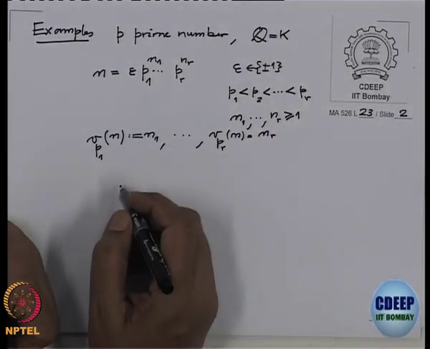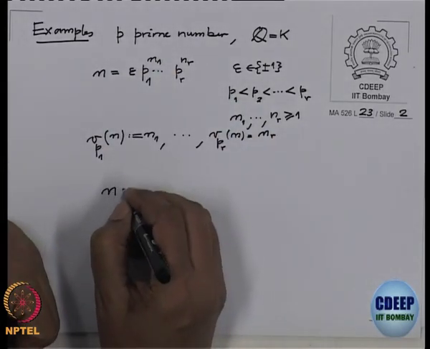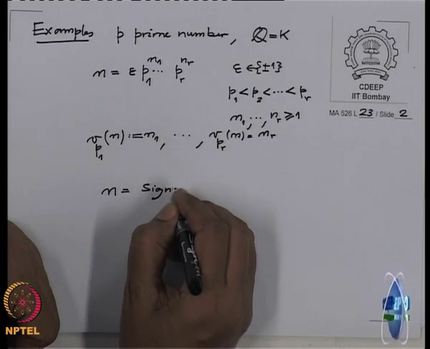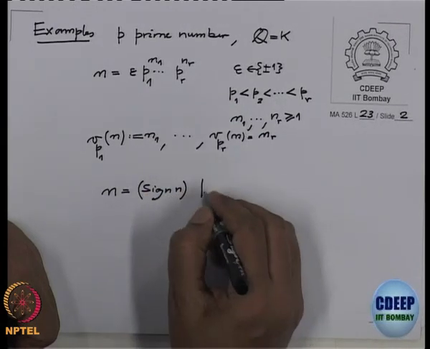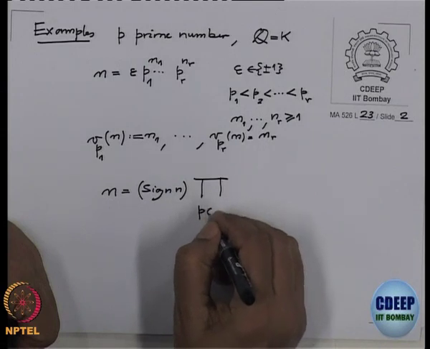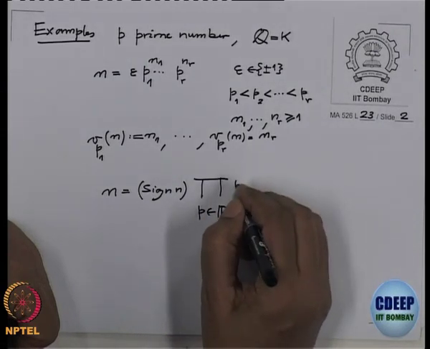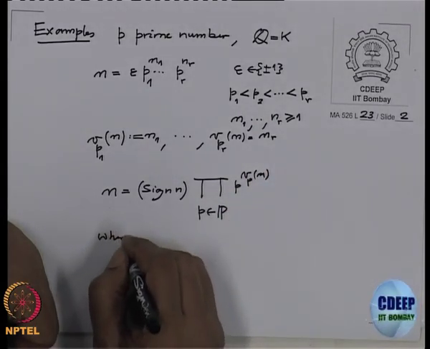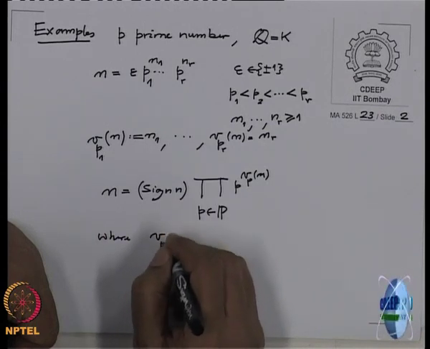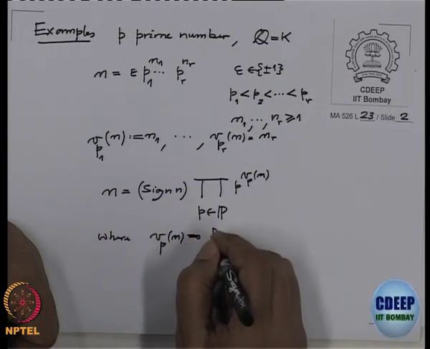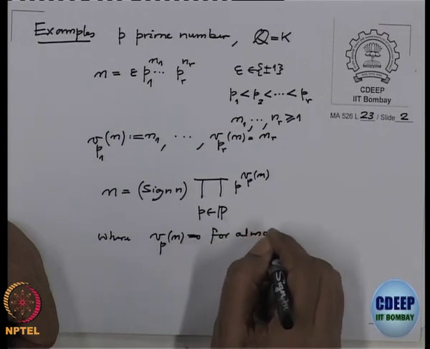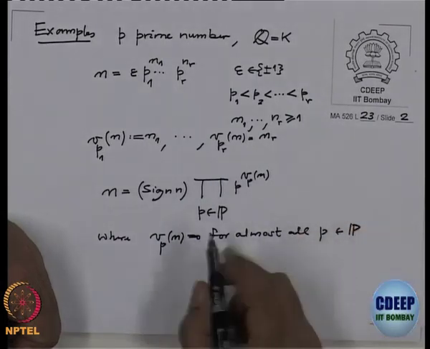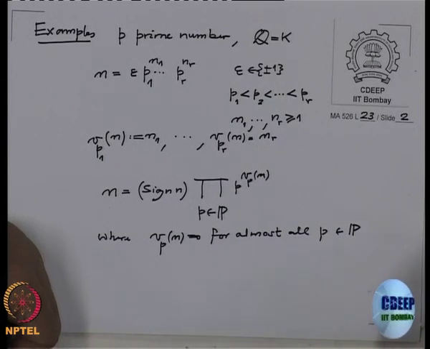So in general we can write any integer n in a compact way as the sign of n times the product running over p in prime numbers, p power Vp of n, where Vp of n is 0 for almost all p. Only finitely many Vp of n are non-zero.